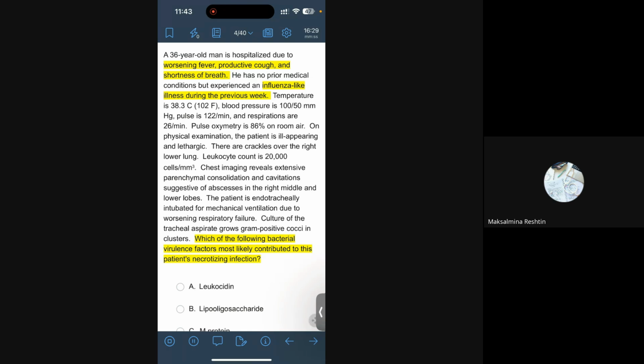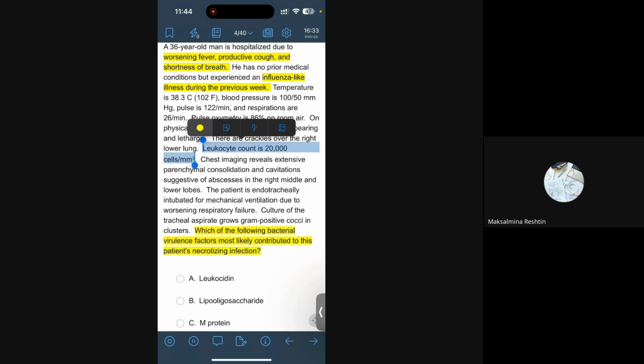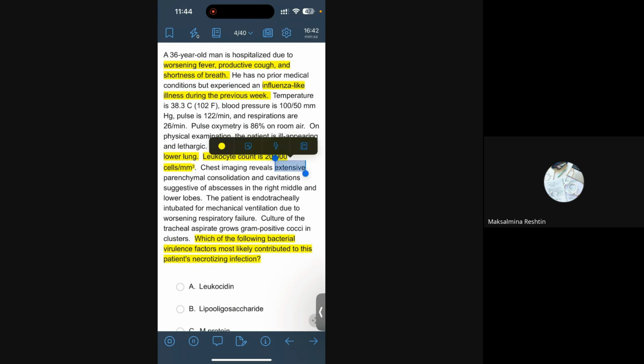There are crackles, extensive parenchymal consolidation and cavitation, suggestive of abscess in the right middle and lower lung. Culture of the tracheal aspirate shows gram positive cocci in clusters.